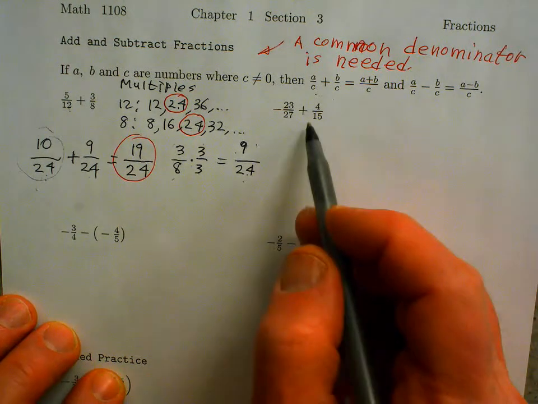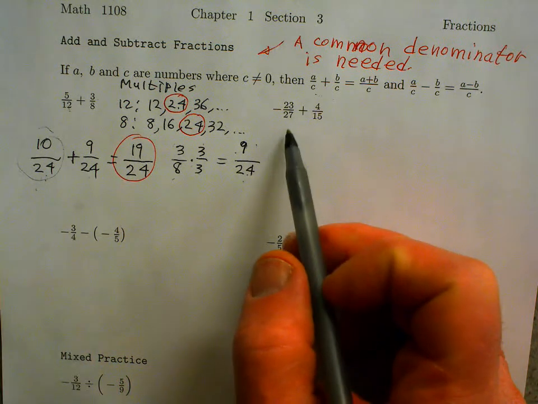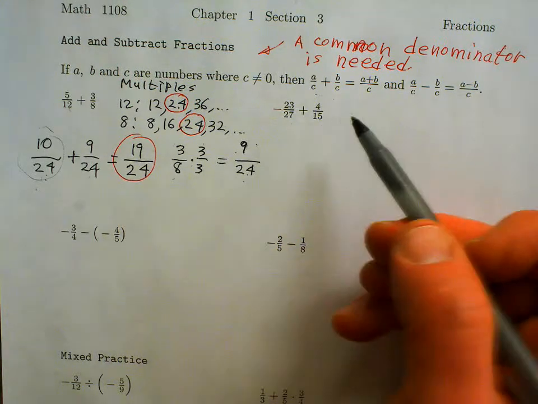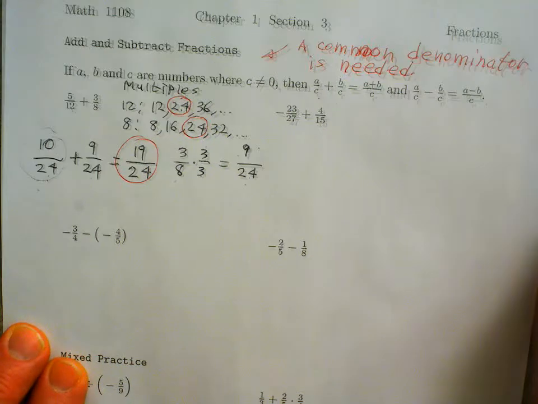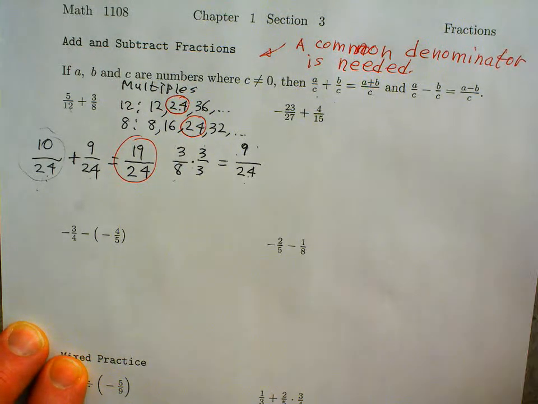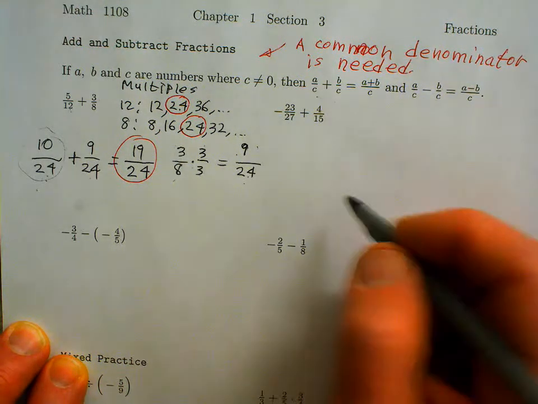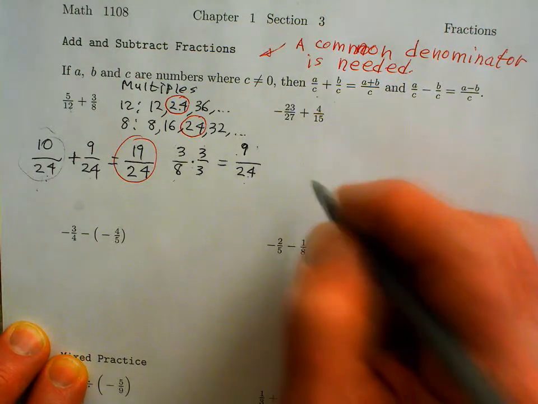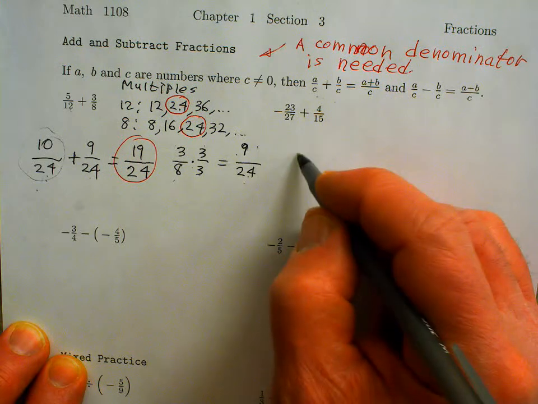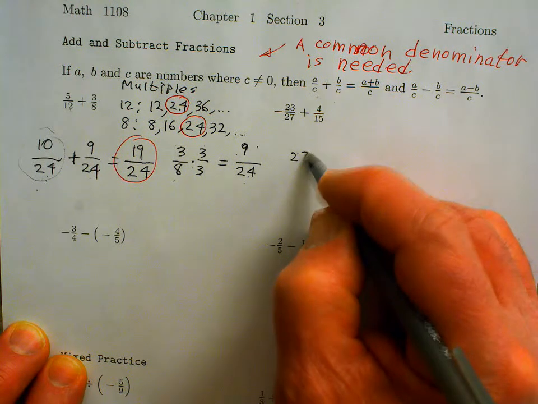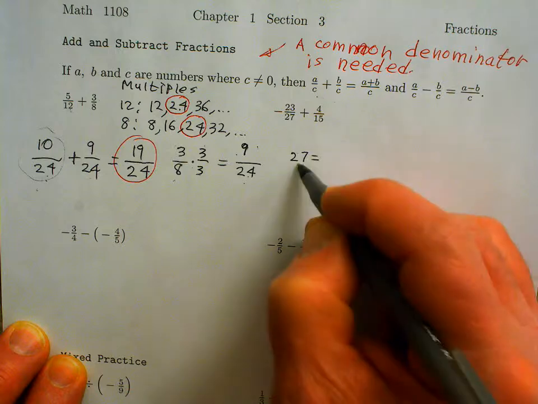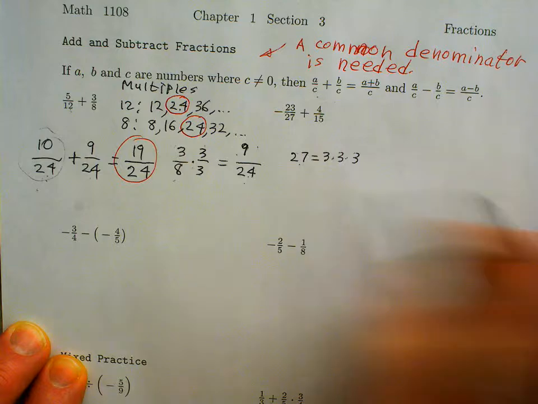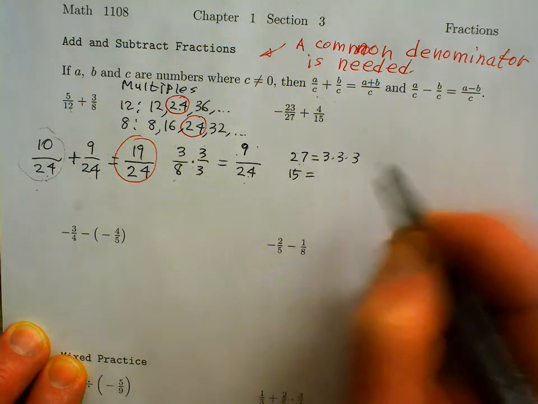Okay, in the next pair of fractions, negative 23/27 plus 4/15. Okay, so another way to find a common denominator, write down the prime factorizations of the two denominators. 27 is 3 times 3 times 3. 15 is 3 times 5.